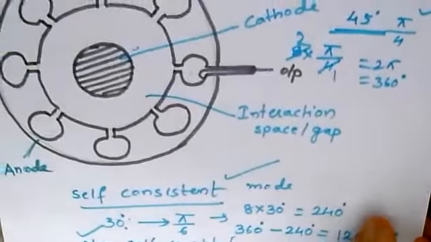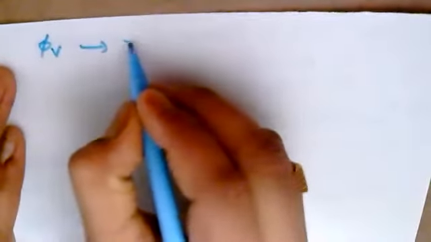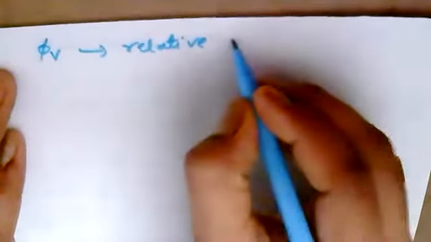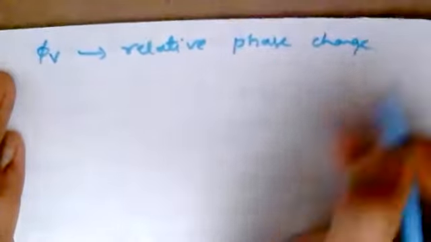And for that, we have an expression for the mode in which the magnetron is operating. Let us consider that phi v is the relative phase change of the magnetron.